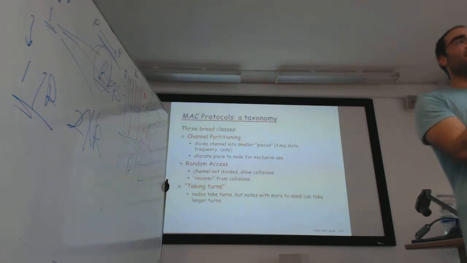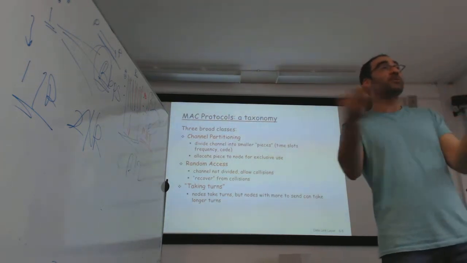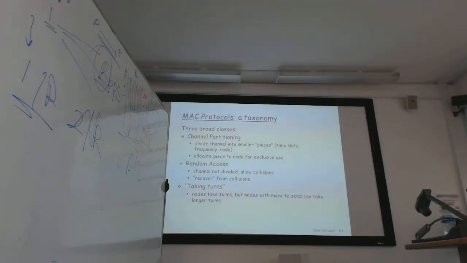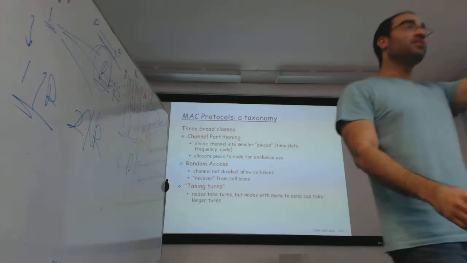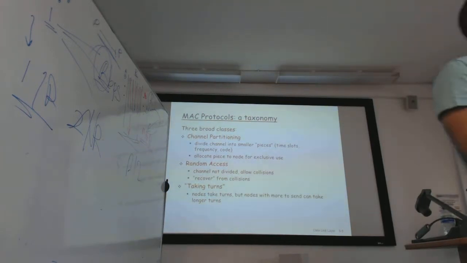The question is, if I allow collision, I should have a recovery from that collision to make other information pass on. Therefore, to recover from collision. That's your random one. Third one, taking turns. So, in other words, I'm having someone telling other people, it's your turn to send information. Now it's your turn. And I'll go into full details of each one of those. Okay?